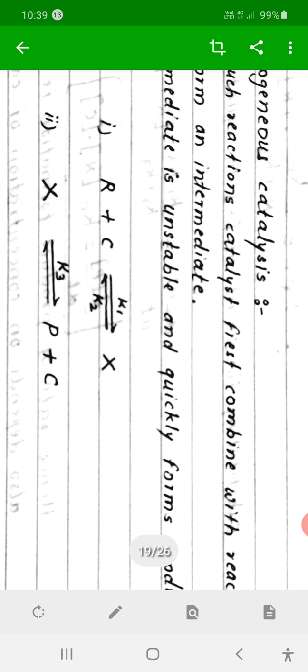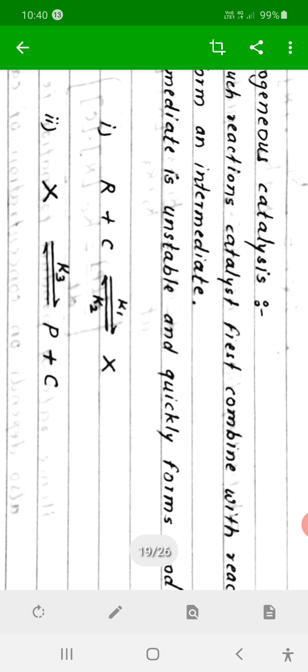For illustration of the mechanism and kinetics of catalyzed reactions, we first consider a general reaction, that is R plus C reversibly gives X as an intermediate. The forward reaction rate constant is K1, and for the backward reaction the rate constant is K2.